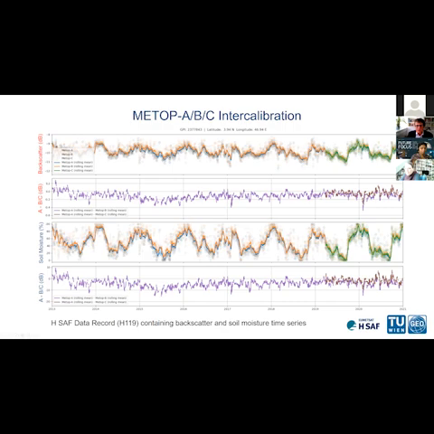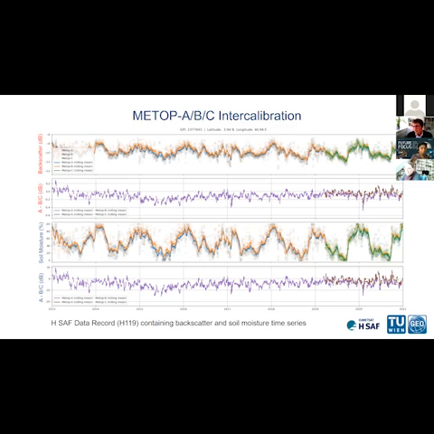But very clearly, we are able to pick up those slight differences, and if you later then do a reprocessing, we can correct them, so that we would be here now in the period where we have METOP A, B, and C, and you see how nicely the three instruments match with each other, and that the bias, the differences are extremely small.